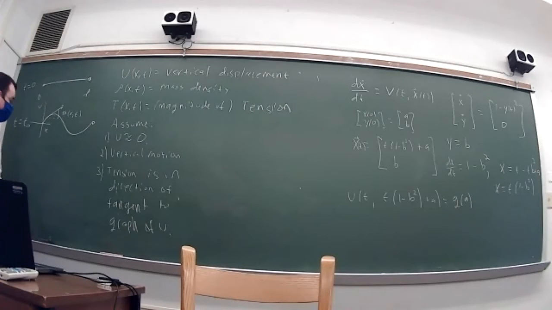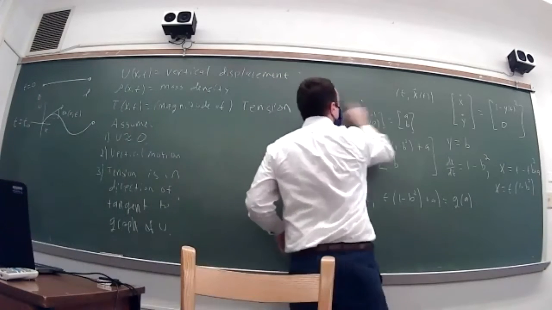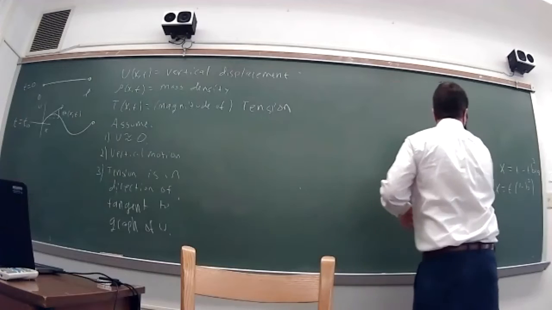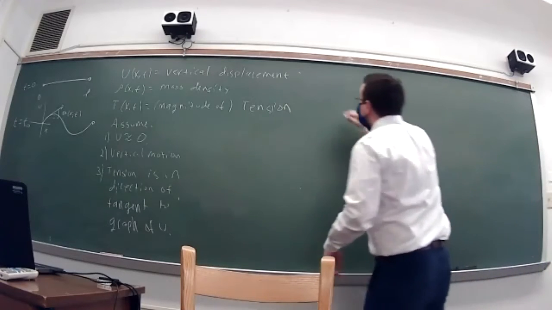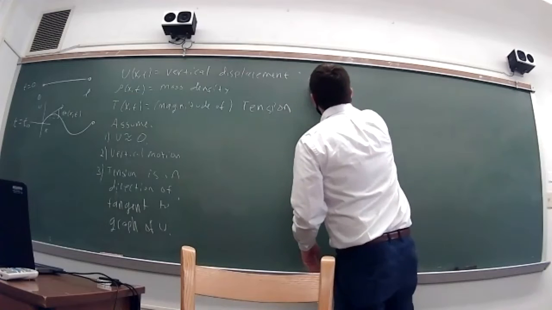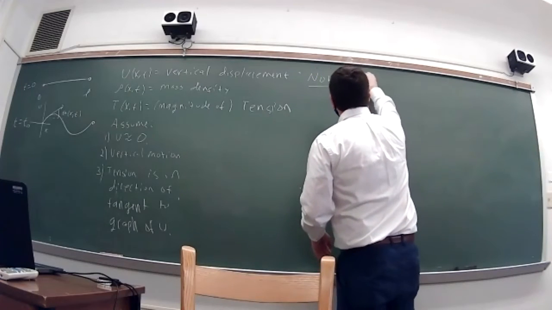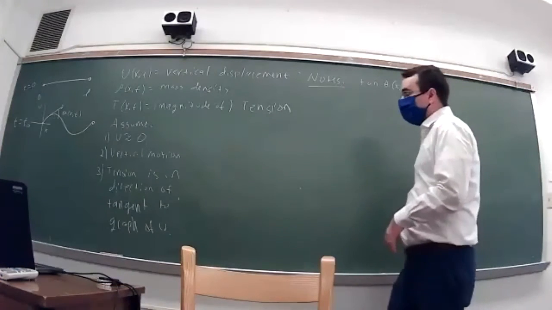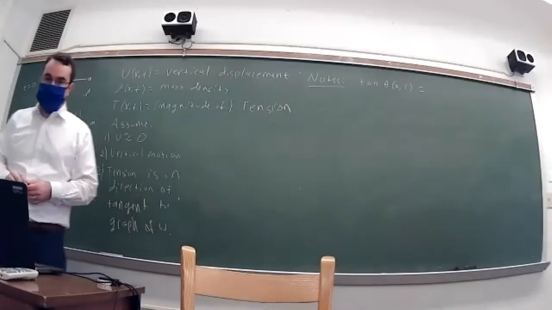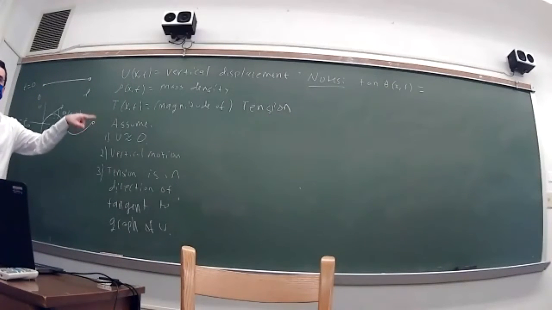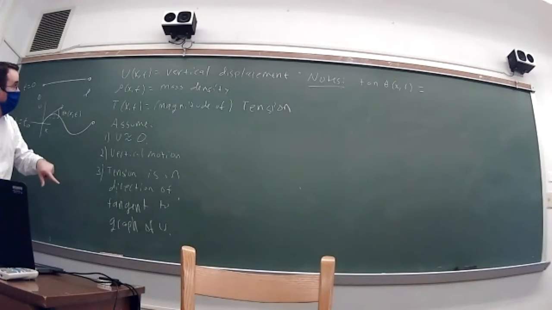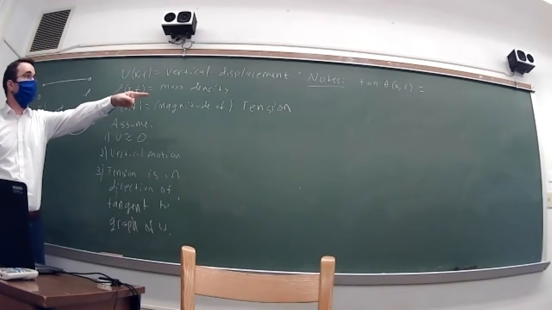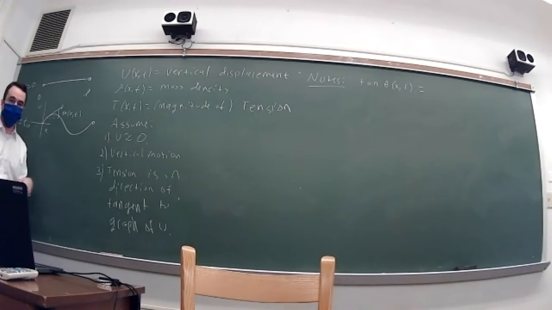And actually, I'll make this a class exercise, so take 30 seconds. Can you relate the tangent of theta(x,t) back to the function u? What term goes on the right-hand side of that equation that involves u?